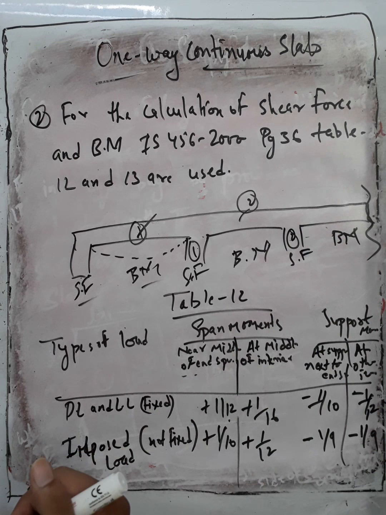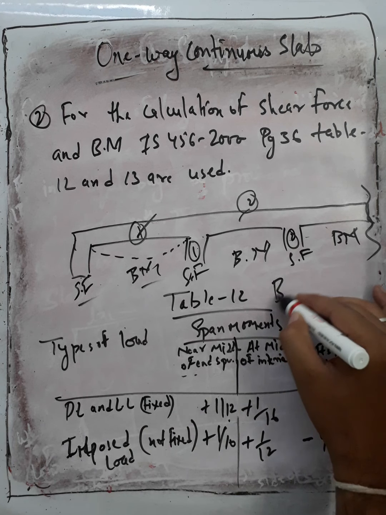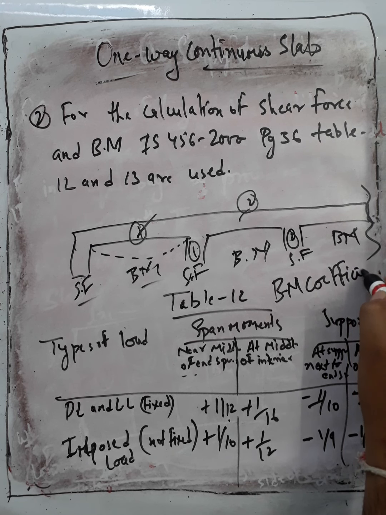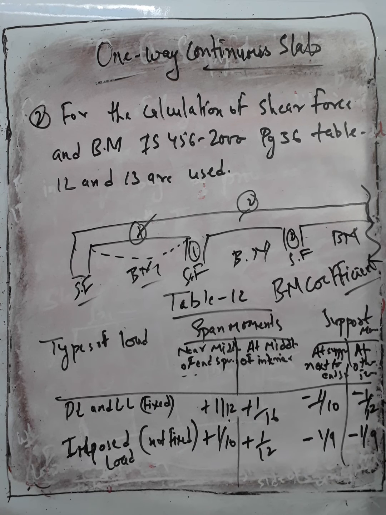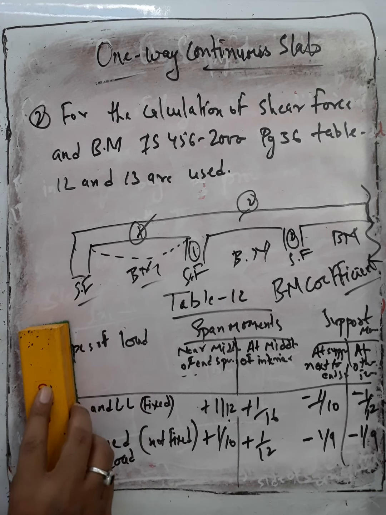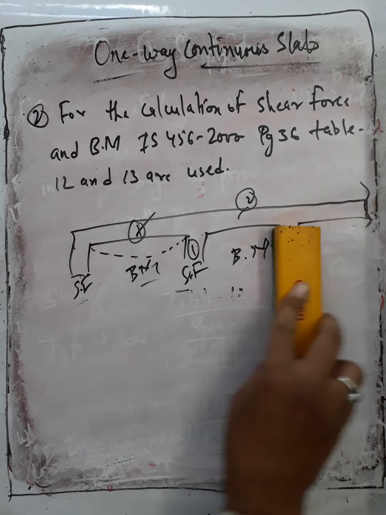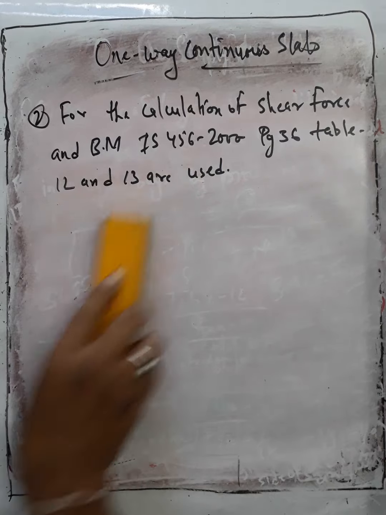So like that you have to find the bending moment or shear force. This is the table of bending moment, table number 12 for bending moment coefficients. The same table is given for shear force coefficients, and that is table number 13. So you have to see that table in IS 456 2000.